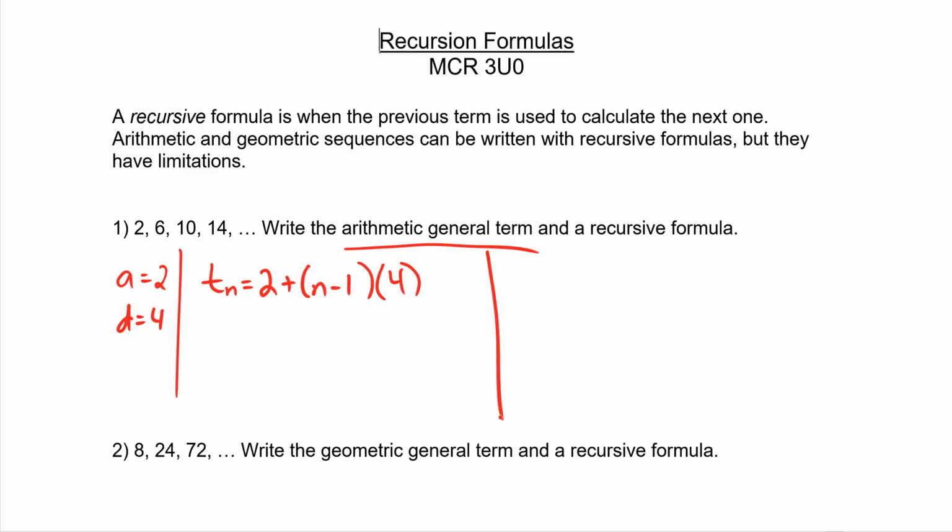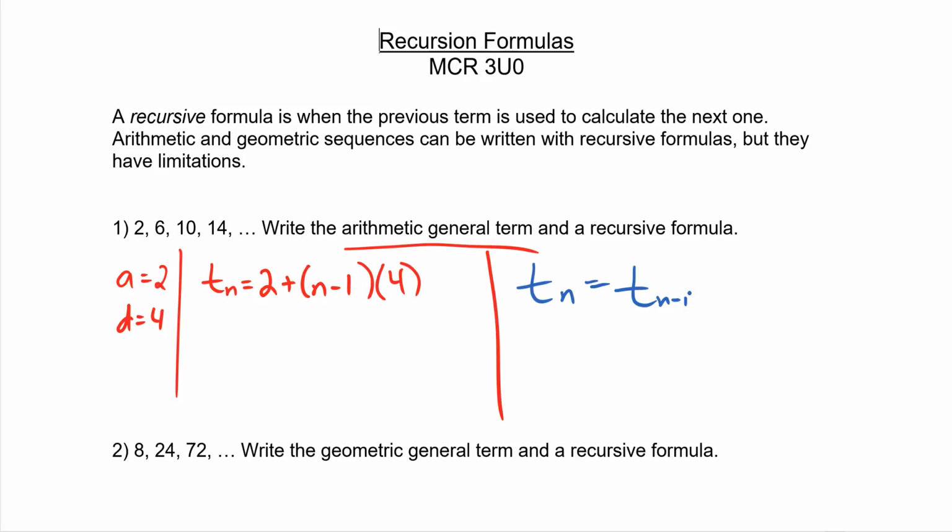Now, for a recursive formula, instead of coming up with this general formula right here, what I want to do is come up with a formula for term n, but it has to use term n minus 1. So if term n is the term that we're calculating, term n minus 1 is the previous term.